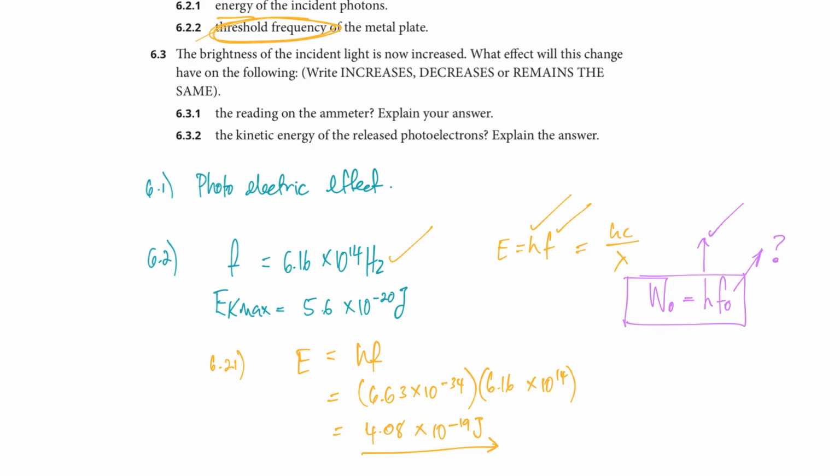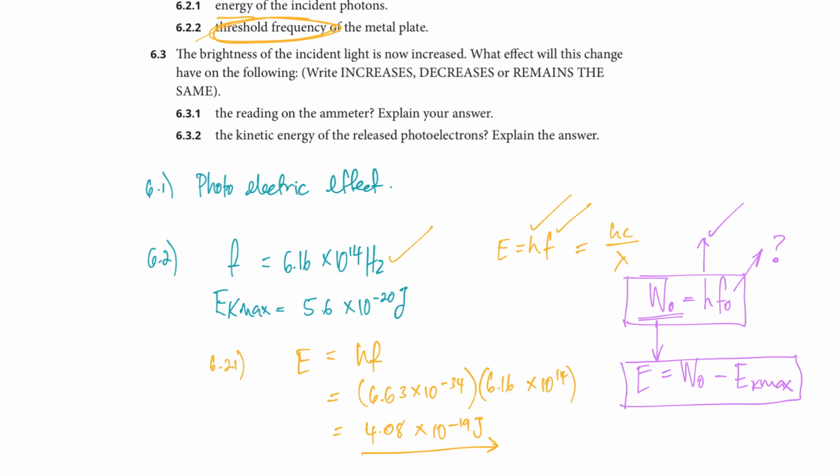The problem is I don't have my work function. The other formula for work function is E is equal to work function plus EK max. So that's your other formula that you have available to you.